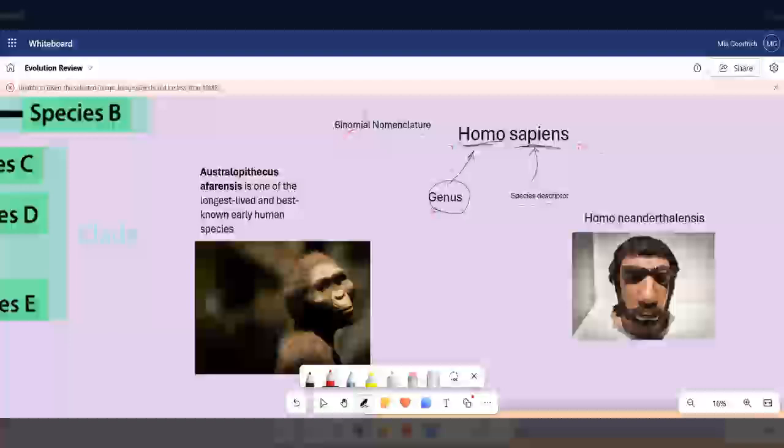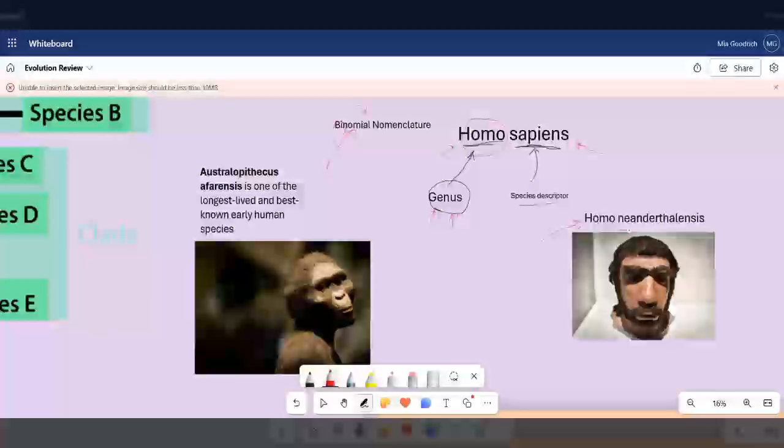There are other closely related species that belong to the same genus as us. Remember, we belong to the genus Homo. An example of a species that belongs to our genus would be Homo neanderthalensis.